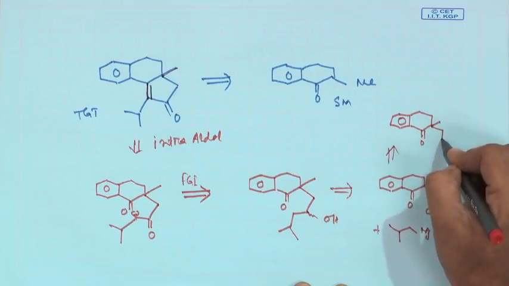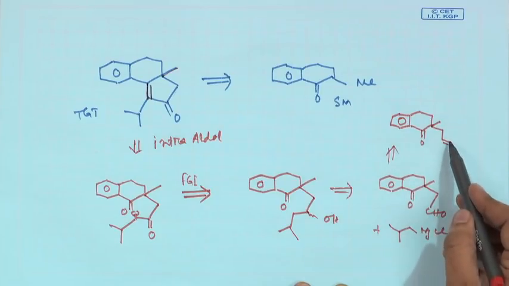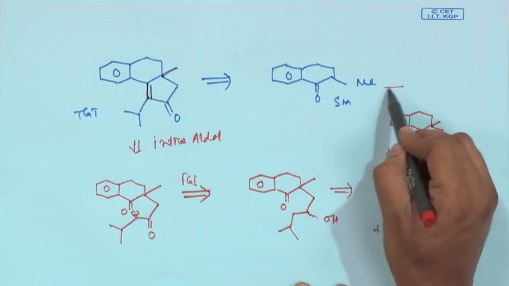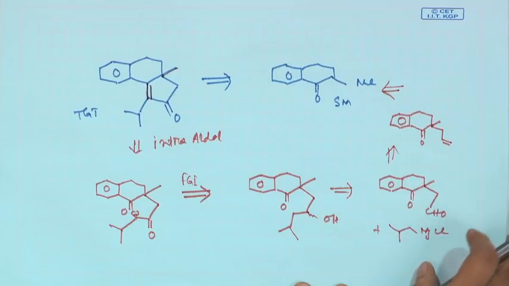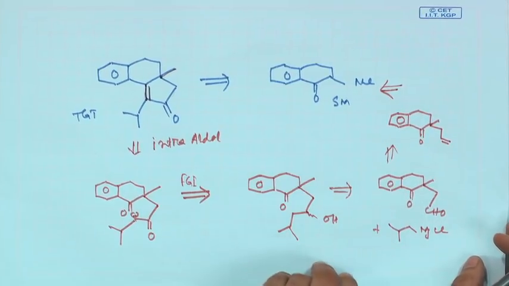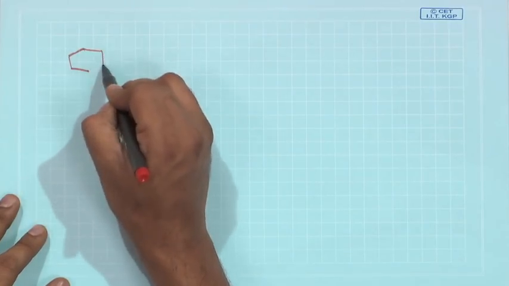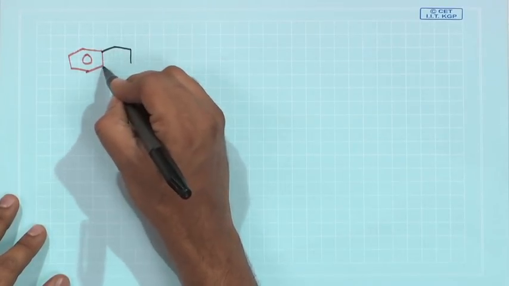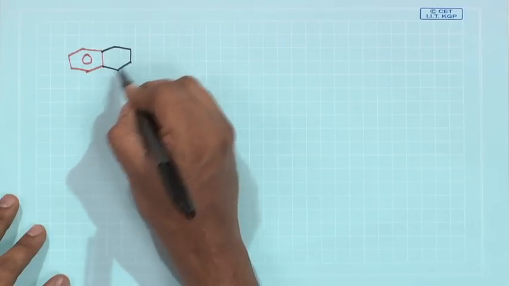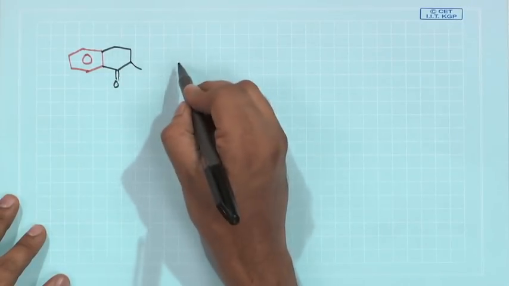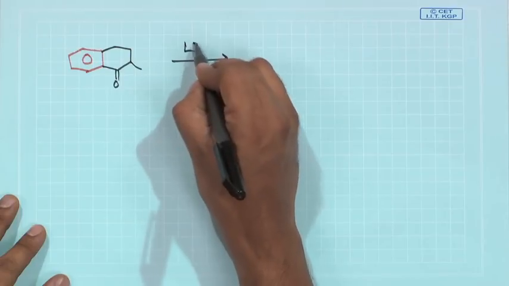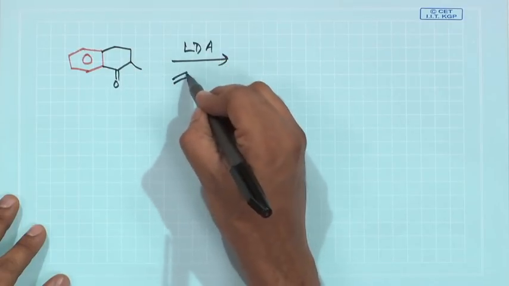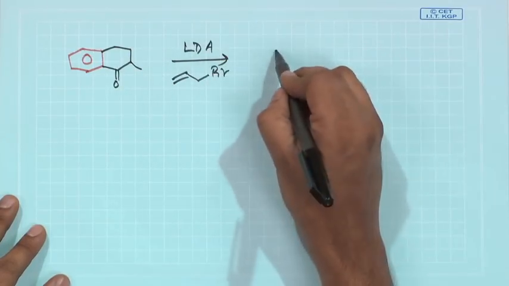I say if you have a compound like this, you can chop it through ozonolysis and then it can be made simply by an electrophilic alkylation. Okay. So, your synthesis will now start in a forward pathway. We will start from this alpha tetralone compound, which is this compound, LDA 1 equivalent and allyl bromide.